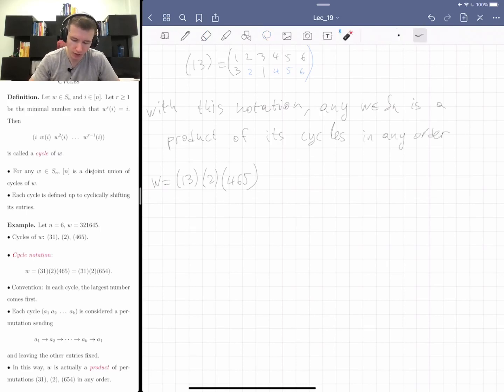So in other words, each of these cycles is itself a permutation. Like this one here is just the permutation which sends i to i for all other i. And if I multiply all these permutations together, then I get w. So that's a way to factor w as a product of simple factors.